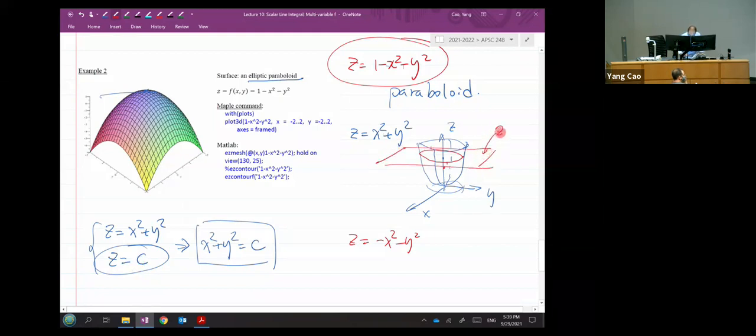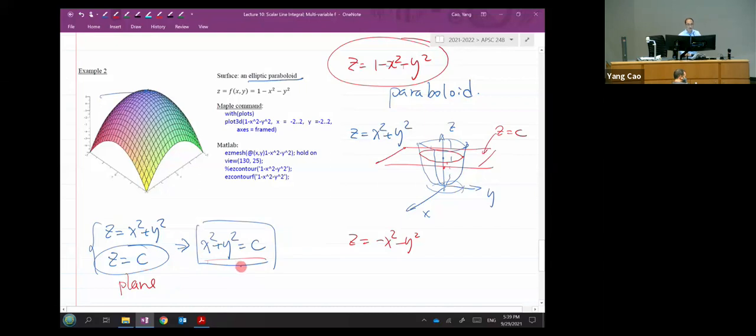So this is z equal to c. And this is a plane, and that plane intersects this paraboloid, presenting you with a circle, which is this. So if you change the c value, you get a different circle.